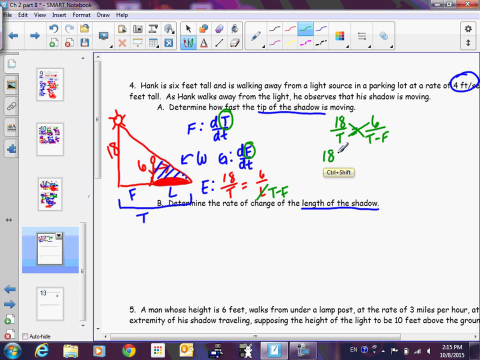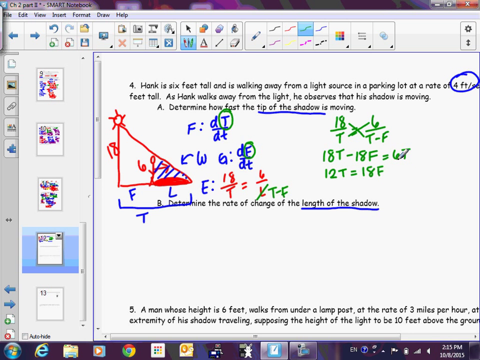So I'm going to go 18 times t minus 18 times f equals 6t. Now I don't have any fractions, so it's a little easier. And I can even do a little bit more. I can combine the two t's, so I'm going to subtract this 6t over to the other side to get 12t, and add 18f to the other side. It just makes it a little bit easier.